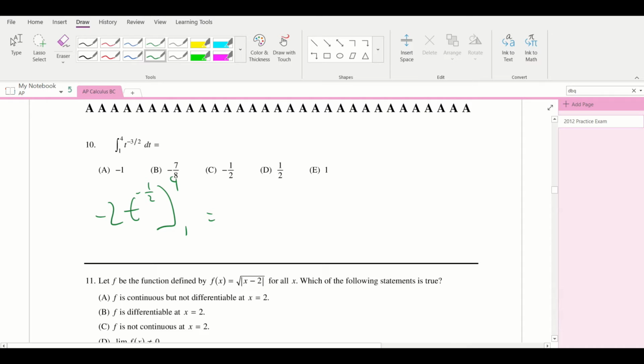So if we plug in 4 here, we have negative 1, because this is just negative 2 over square root of t, right? So if we plug in 4 here, this is just negative 1. So yeah, if we plug in 1 here, this is just negative 2. So minus negative 2, so it's just 1.